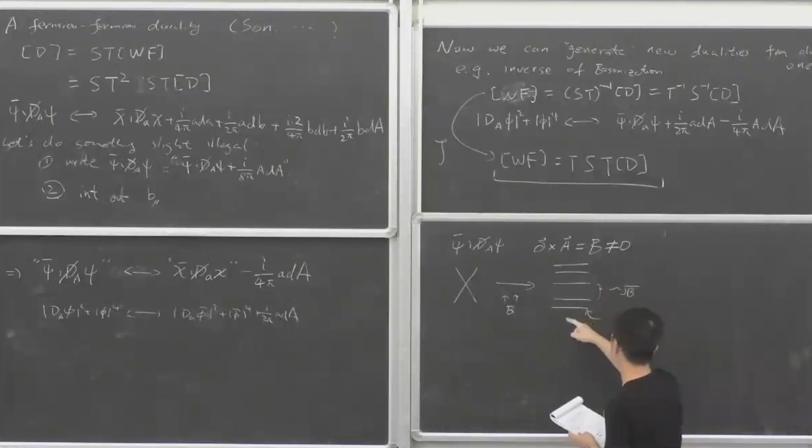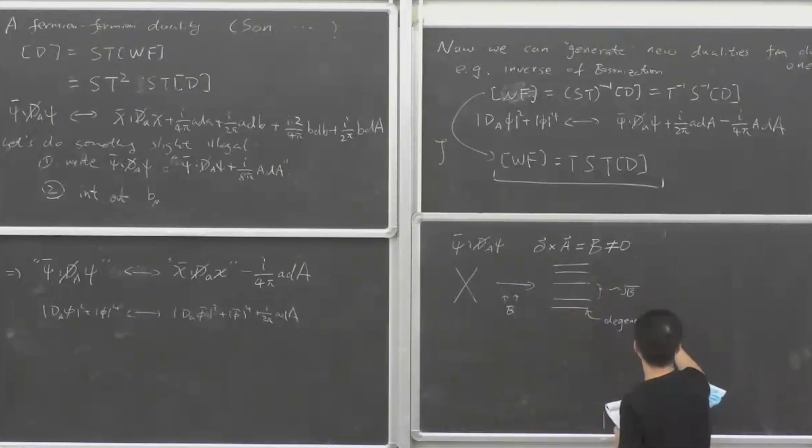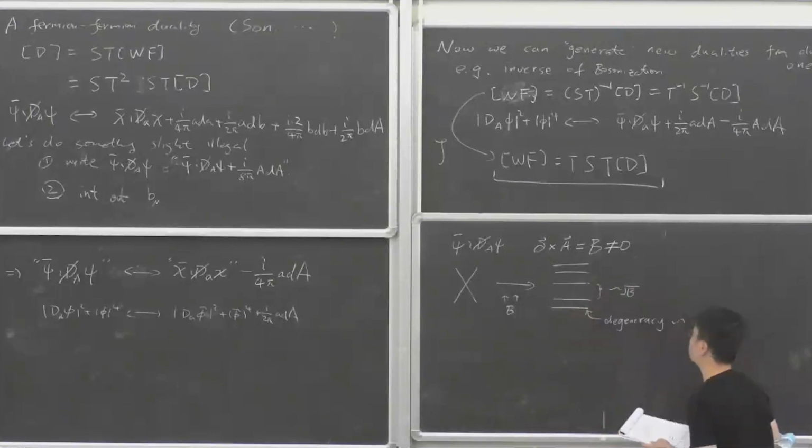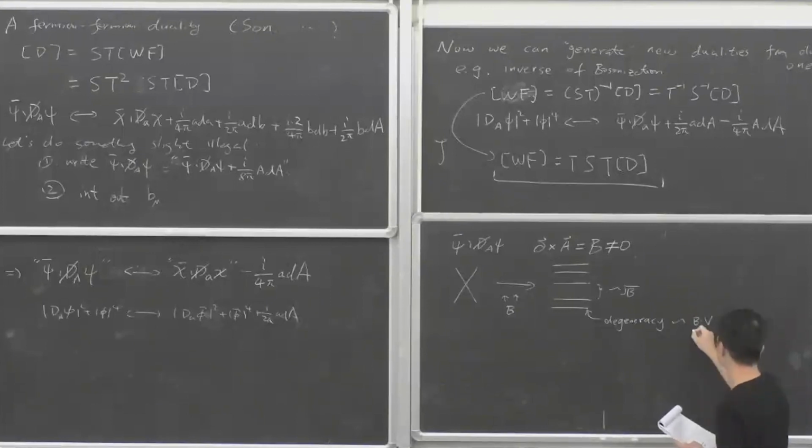I think you get a degeneracy that's basically proportional to the total number of flux in your system. Right? Essentially, B times the total volume of your system, the L squared, over 2 pi.